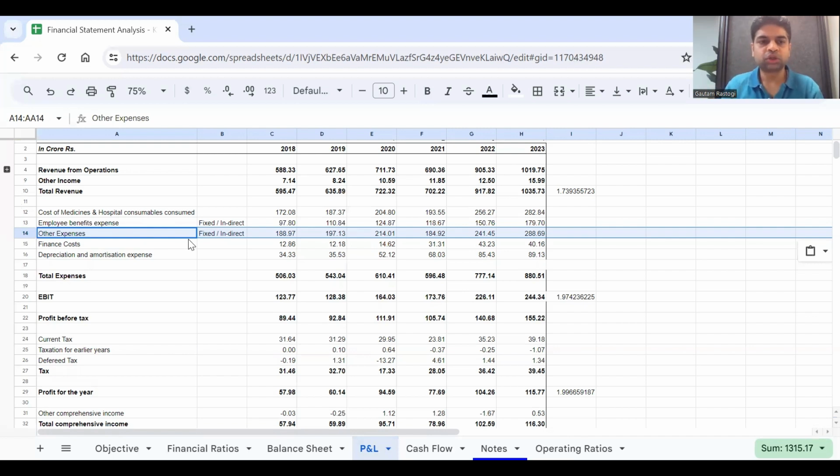Say in a particular month you have 20 patients coming in and you have 5 doctors. Next month you have more patients, say 30, but you could treat all those patients with the same set of doctors and nurses. That is operating leverage.